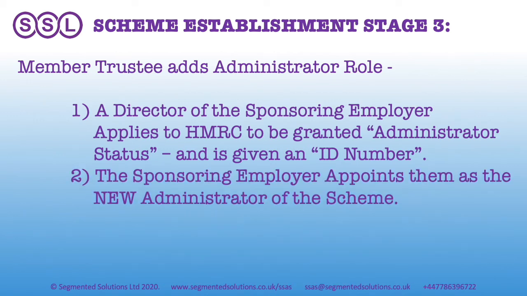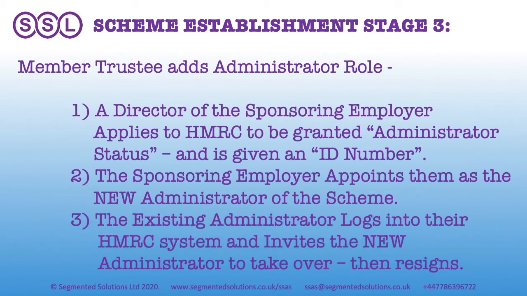The sponsoring employer appoints them as the new administrator of the scheme, and the existing administrator, ourselves, Segmented Solutions, we log into the HMRC system, and invite the new administrator, that is yourself, to take over, and then we resign. So you are effectively the administrator responsible for the scheme, but if you don't have any pensions knowledge.